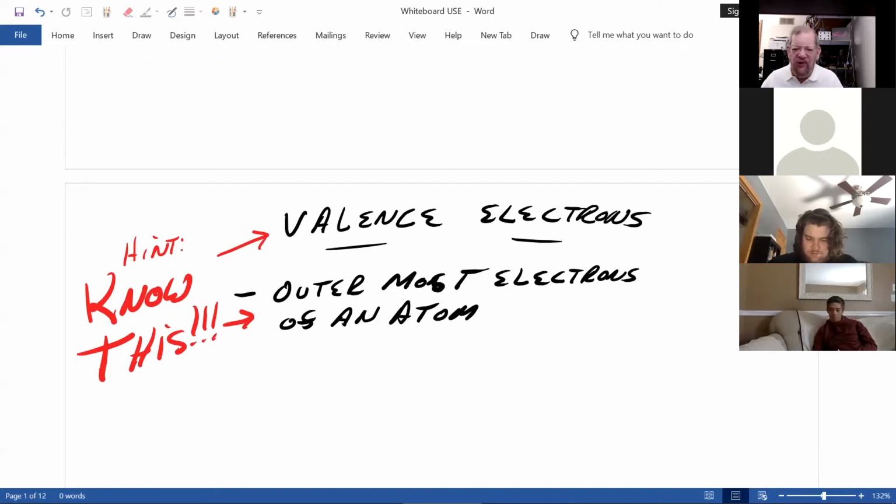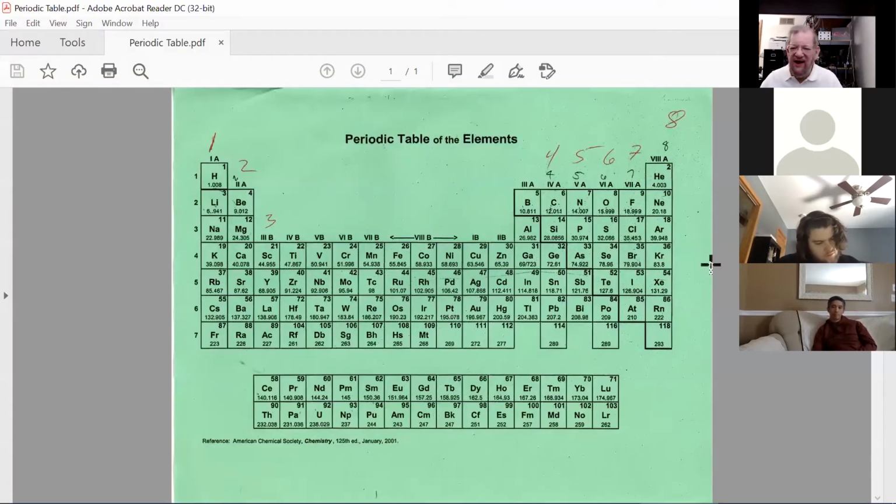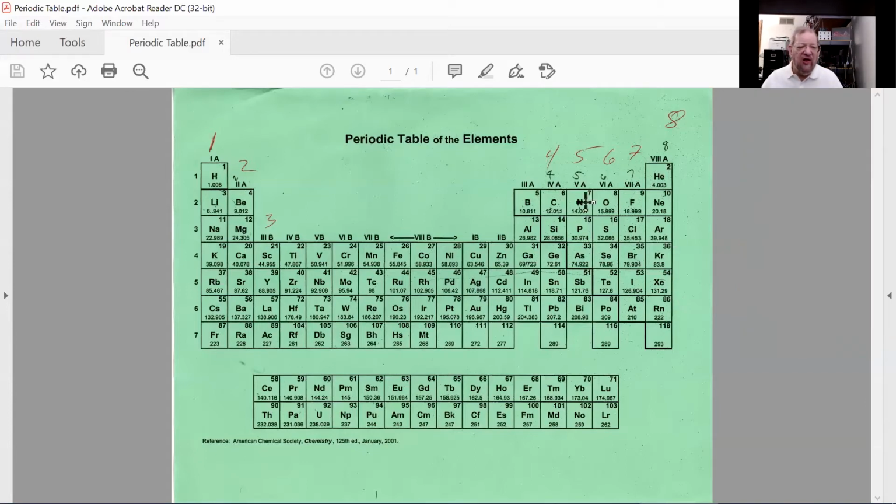And how do we determine valence electrons? We look at the periodic table. Everybody see the periodic table now? Thank you. All right. Now, the valence electrons are not all electrons. They're only the outermost. Therefore, you do not use the atomic number, like 11. What you do is look at the top of the column that an element is in on the periodic table.